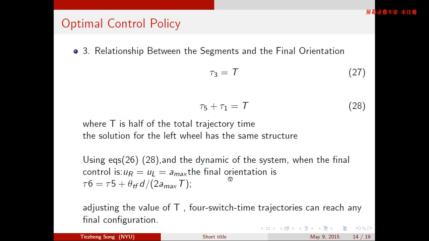In this case, if the final control is positive for all the wheels, we can have this relationship. Adjusting the value of T, the trajectories can reach any final configuration.